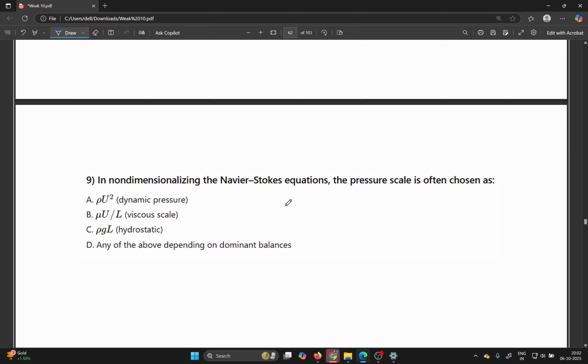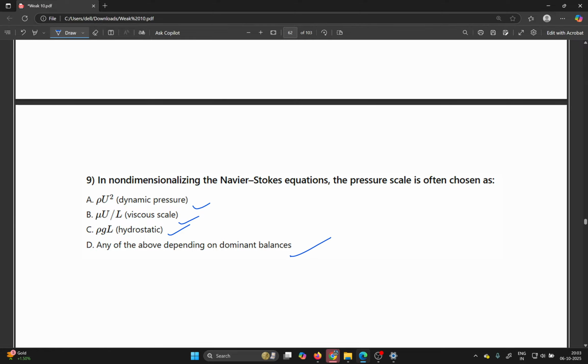Now the next question. In non-dimensionalizing the Navier-Stokes equation, the pressure scale is often chosen as rho u square, the dynamic pressure, where u is the average velocity, remember; mu u by L, the viscous scale; rho g L, the hydrostatic scale; or any of the above, depending on the dominant balance.